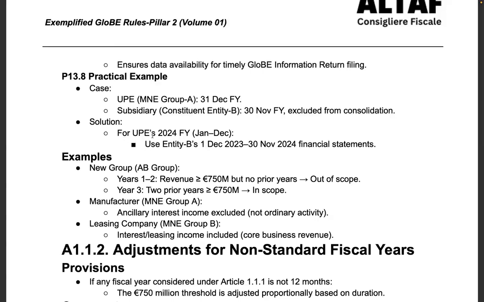For the ultimate parent entity's 2024 financial year, which is January to December, use entity B's 1 December 2023 to 30th November 2024. That's exactly what I said a little while ago. So we use the actual financial year results of the subsidiary and we aggregate the revenue together with the group revenue to test the threshold of 750 million euros.